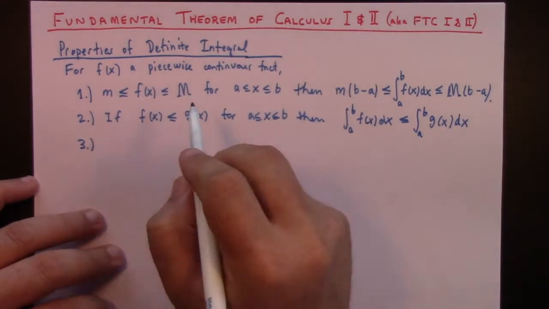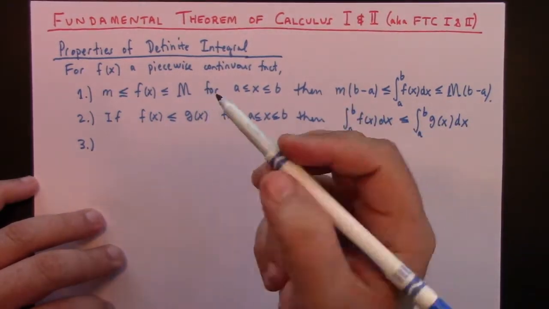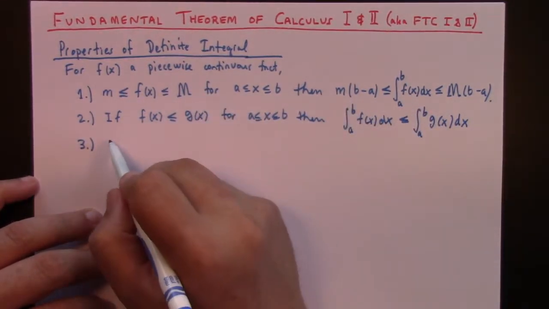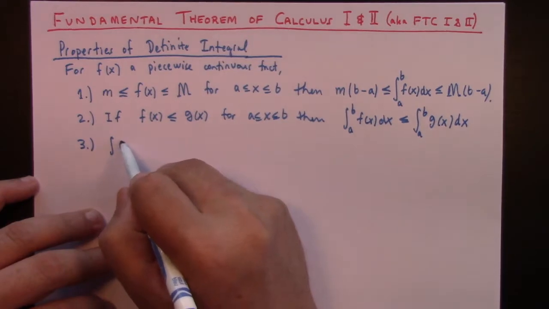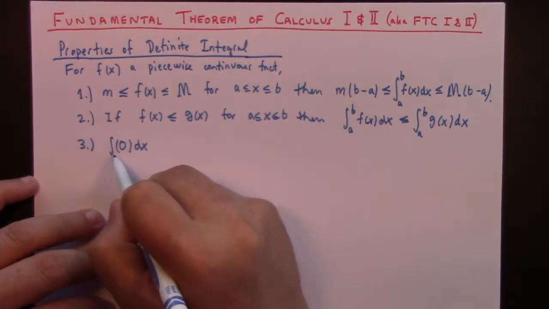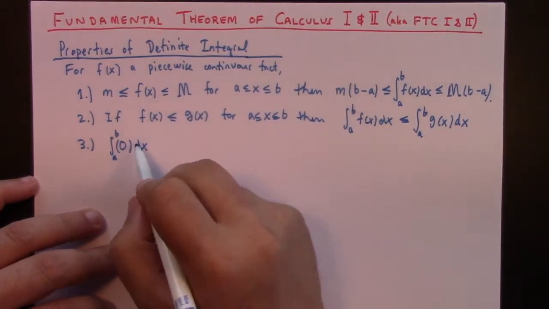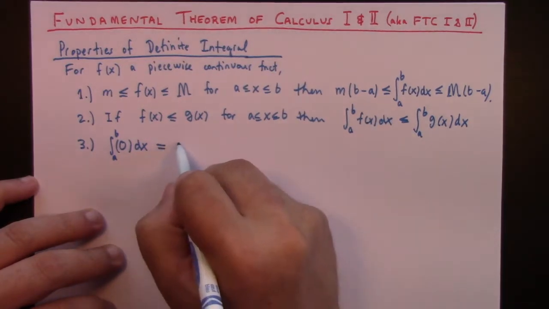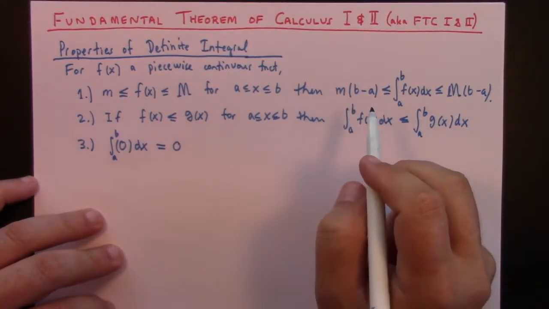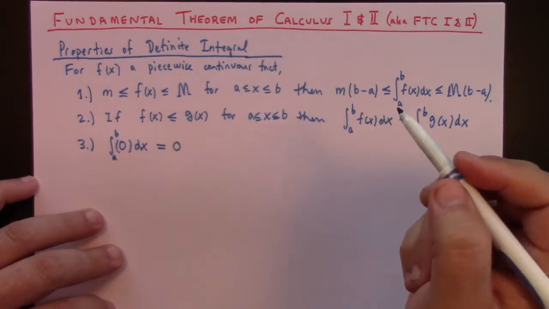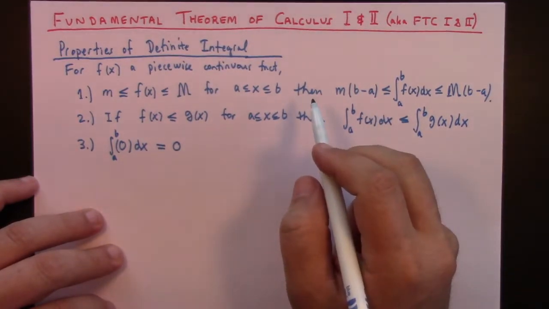Three, this is kind of obvious. Once you know 1 and 2, or if you just know 1, by the way, of course, the integral of the zero function from whatever to whatever is equal to 0, that's kind of obvious. Whether or not I prove it for you, who cares? Well, I guess math majors care.